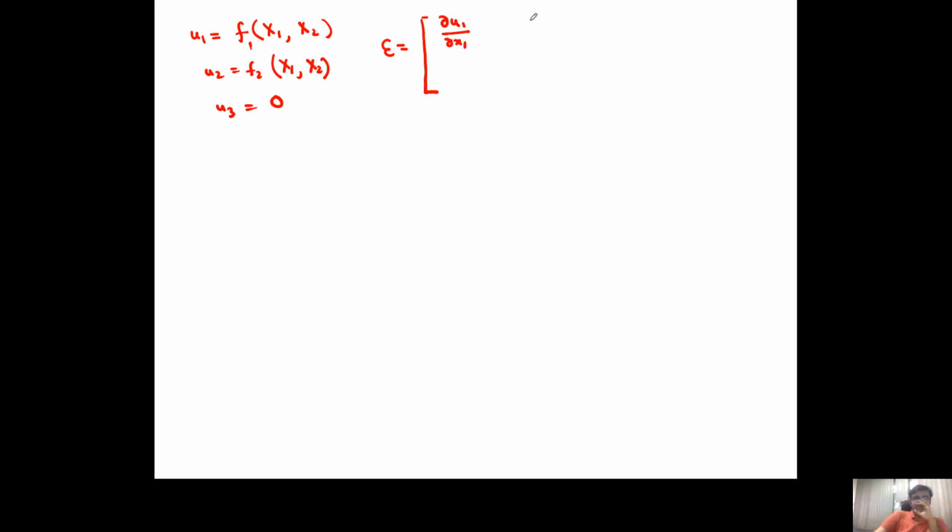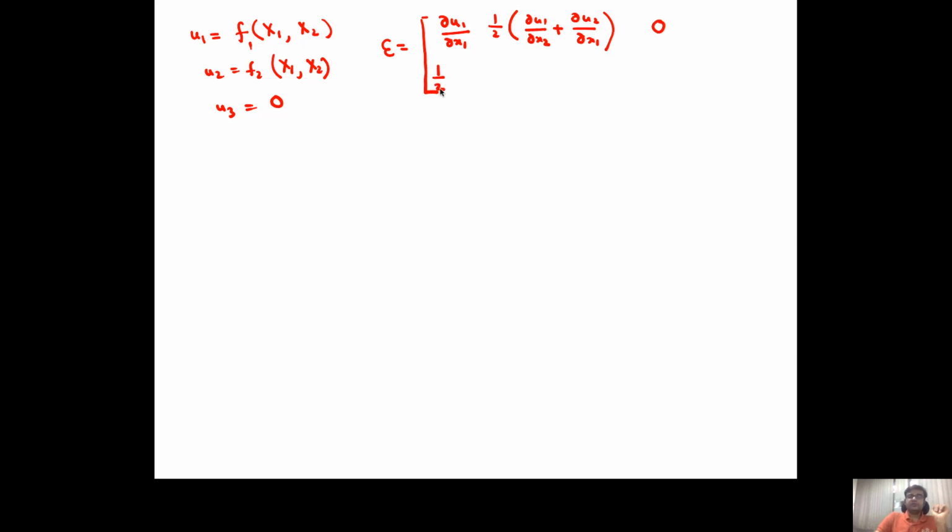The second term will be 0.5, so half, del u1 del x2 plus del u2 del x1, and for the third term it is del u3 by del x1, so that is 0, and also del u1 by del x3, which is also 0. So this term is 0.